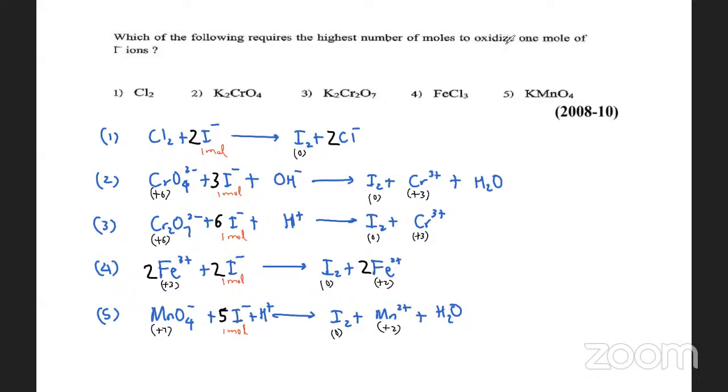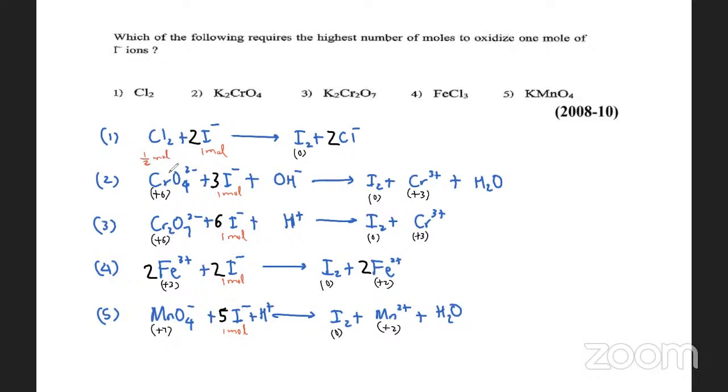Okay, now people, tell me how many moles of chloride will be needed? We'll write them one by one now. Number of moles needed will be half of this, 1:2, so it's half mole, 0.5 moles.